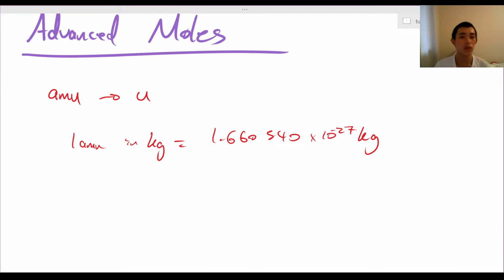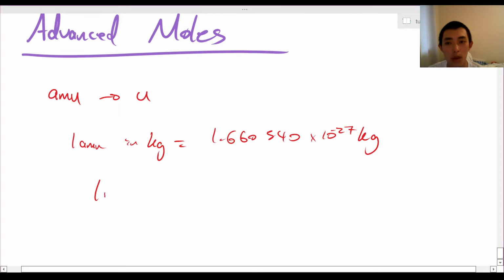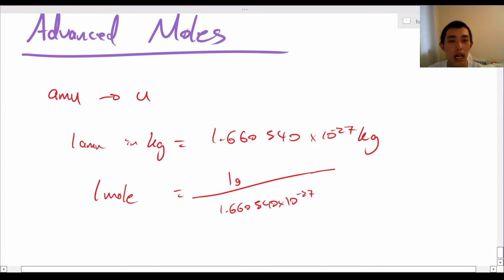And so if you wanted to derive the mole, if you wanted to get one mole, that would simply be 1 gram divided by 1.660540 times 10 to the power of negative 27, but multiplied by 10 to the power of 3 to convert the kilograms into grams.